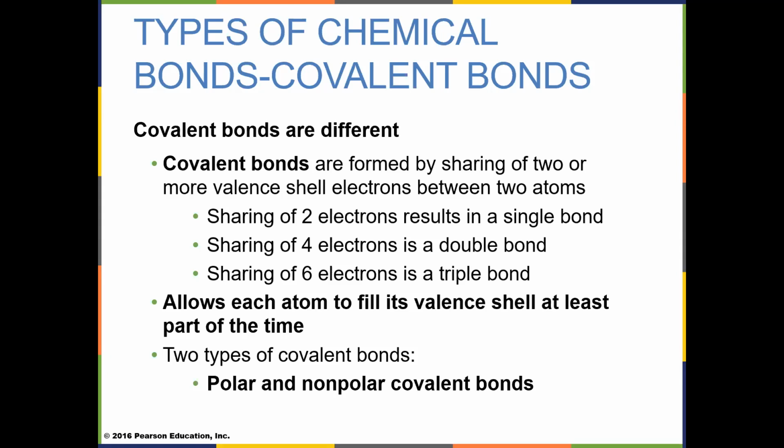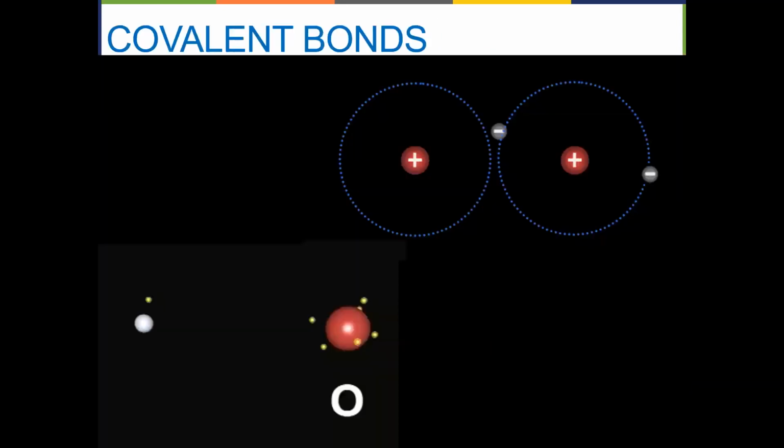Everybody's still happy. Every valence shell is still filled, but the sharing may be slightly unequal. Nonpolar bonds don't have that problem. Most of our covalent bonds in molecules that we deal with are going to be nonpolar.